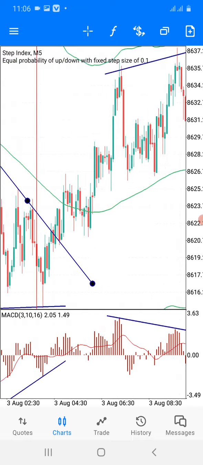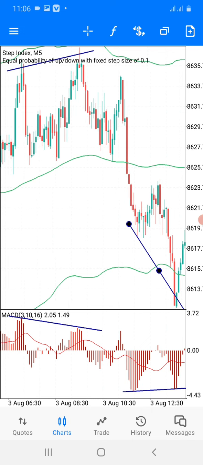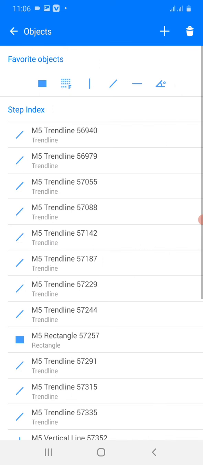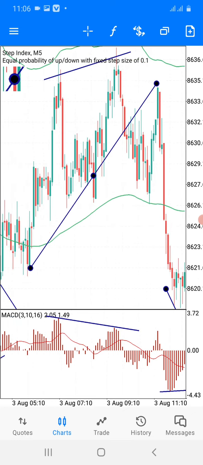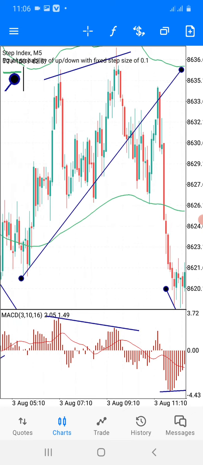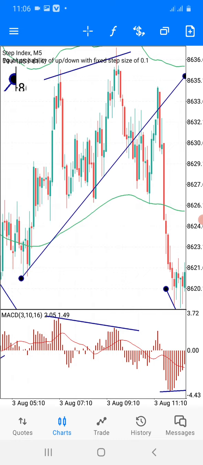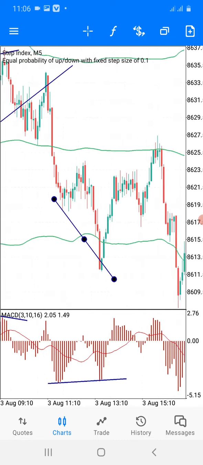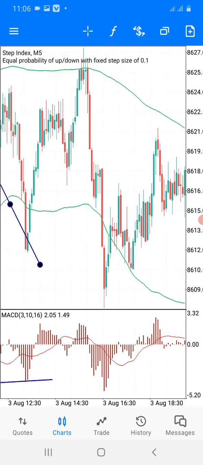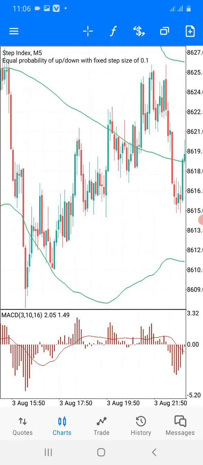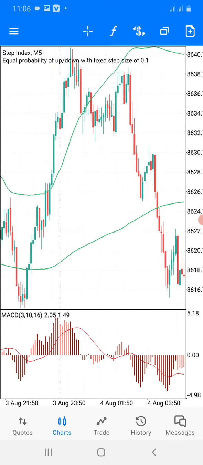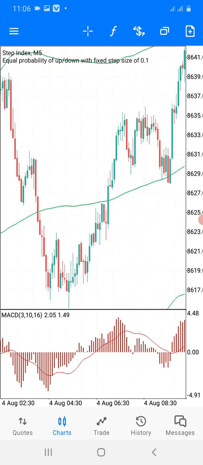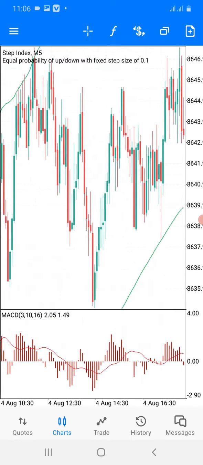Okay, here is another one. After the break of the trend line, the market went in that direction. So all you need to do is identify this pattern and then watch them play out in your favor in this market.